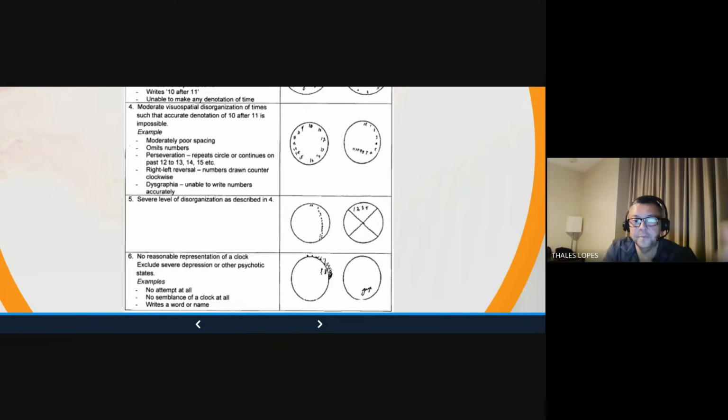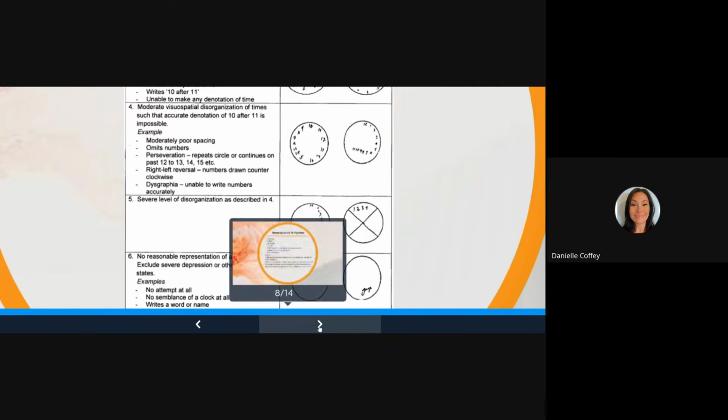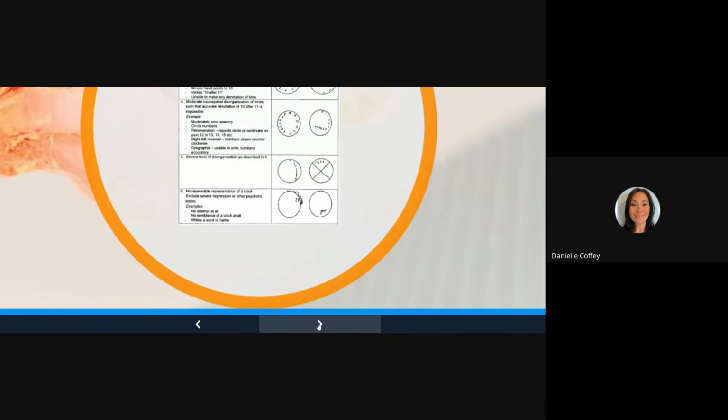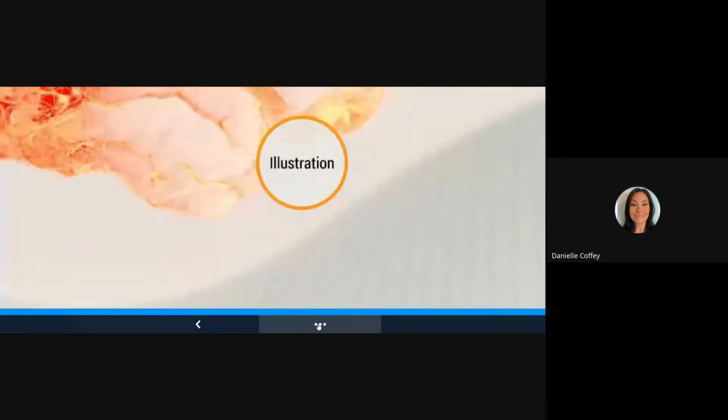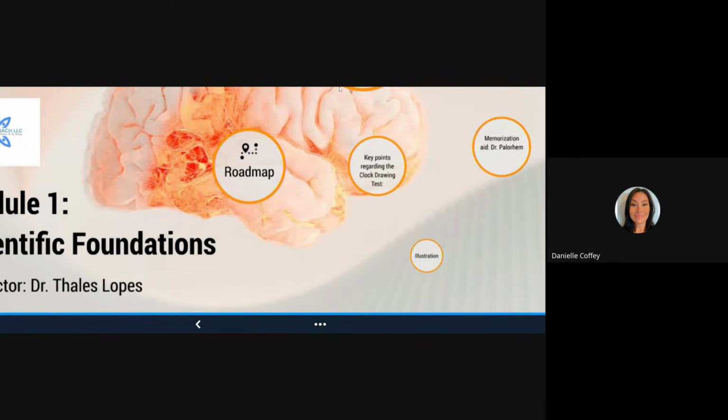Another question, go ahead. They'll ask us on the exam about the location in connection with the clock drawing test, but will they ask us about moderate, severe, mild? No, they wouldn't ask you any of that. What they ask is which tests it is located in, the Mini-Cog and the MMSE, and the part of the brain.